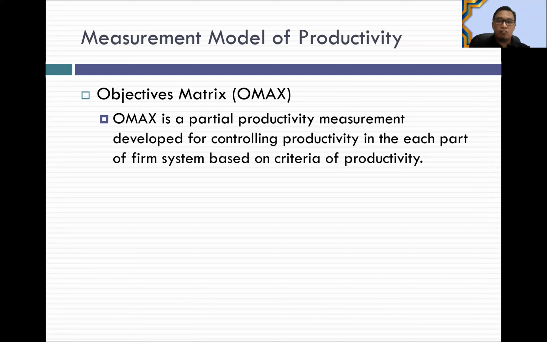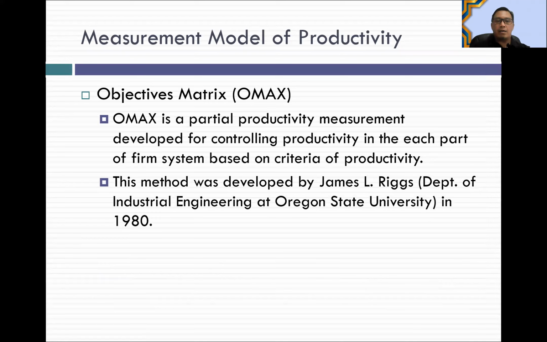If we want to evaluate the performance of each part of the organization, of each part of the company, we can use OMAX or objective matrix. The OMAX method was first developed by James L. Riggs from the Department of Industrial Engineering at Oregon State University back in the 1980s.